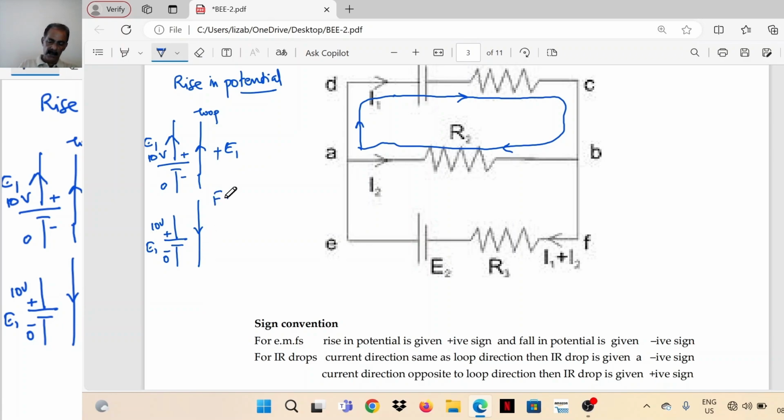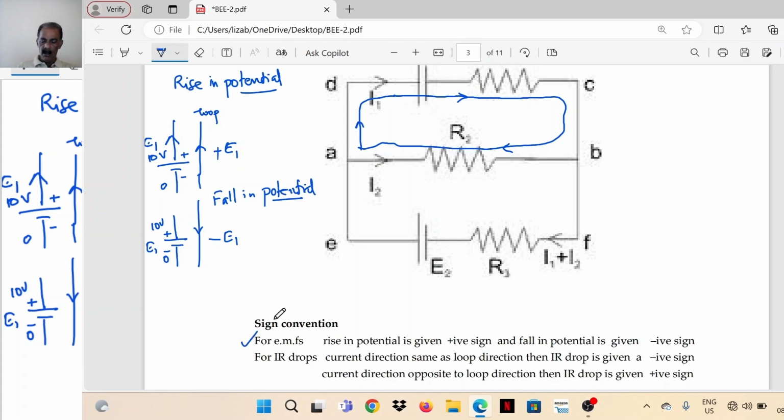So in this case, it is a fall in potential. So it should be given a negative sign. So while writing the equation for the loop, for EMF sources, a rise in potential should be given a positive sign and a fall in potential should be given a negative sign. That is the sign convention for EMF sources.